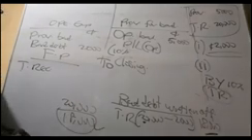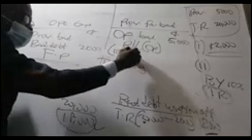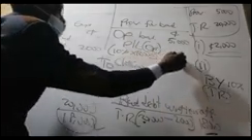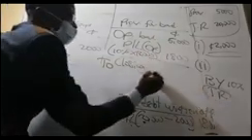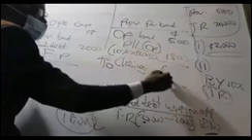So therefore, 10% of 18,000 will give us 1,800. They say we should increase it. Increase means add. So this plus this will give us 6,800. Have you seen how the game is?